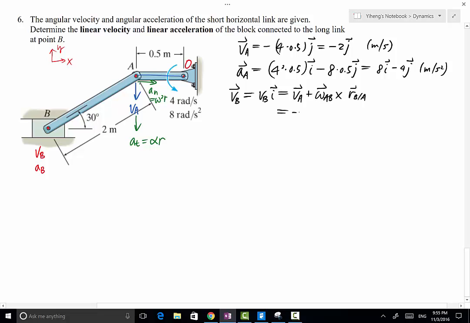VA is given, negative 2J, determined here. Omega AB is not known, but it doesn't matter what the magnitude is, the direction must have the k component cross RBA.